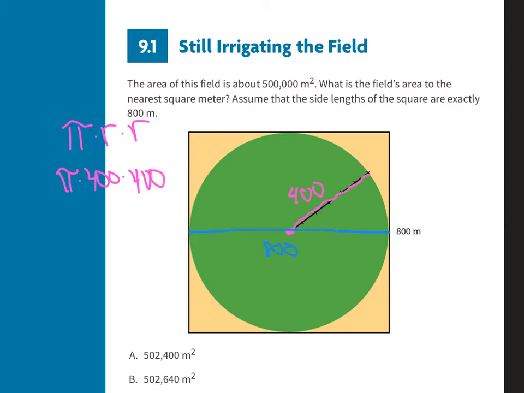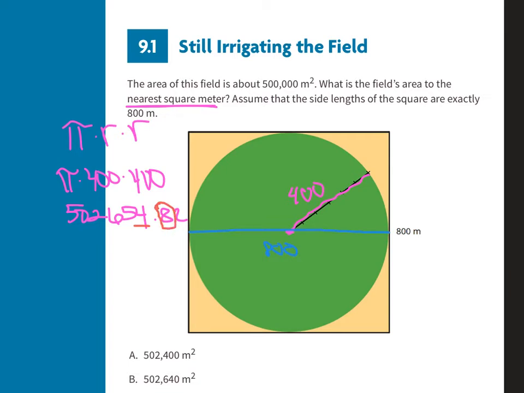So pulling out my calculator, I have pi times 400 times 400, and I get 502,654.82. Well, it says to the nearest square meter. So here's my meter, so we look at the number next to it.